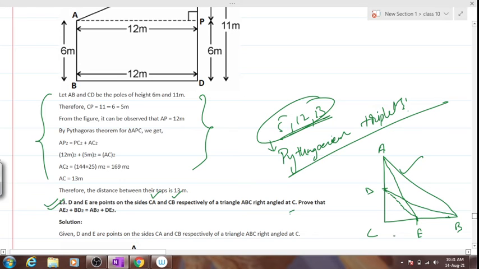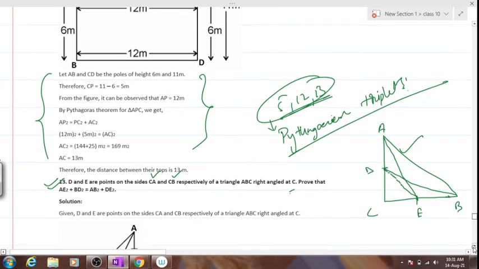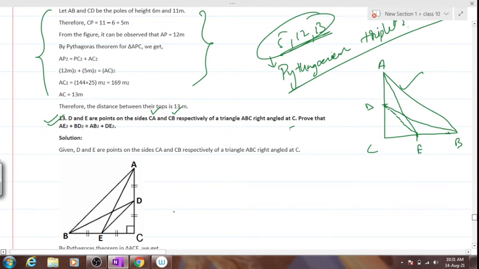Is it clear? Now can anybody suggest which triangle we should consider? The figure will be more clear out here. Clear? Everyone please look at your copies.